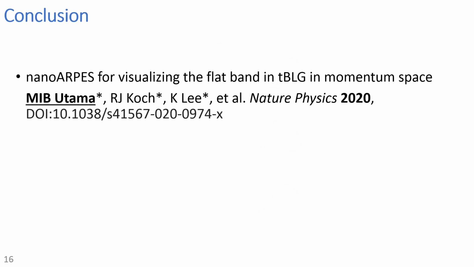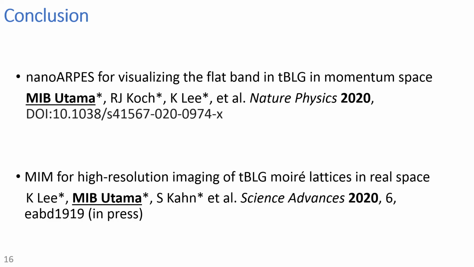As a conclusion, we have shown the use of nanoARPES in visualizing the twisted bilayer graphene in momentum space to show the presence of the flat electronic band that plays an important role in correlated physics of such systems. We have also used microwave impedance microscopy to image the twisted bilayer graphene in real space to determine the magic angle twist accurately.